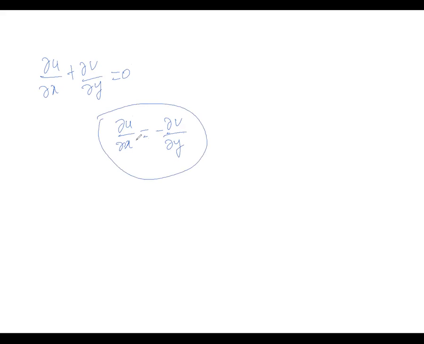That is the relation, so the answer is minus dou v by dou y.